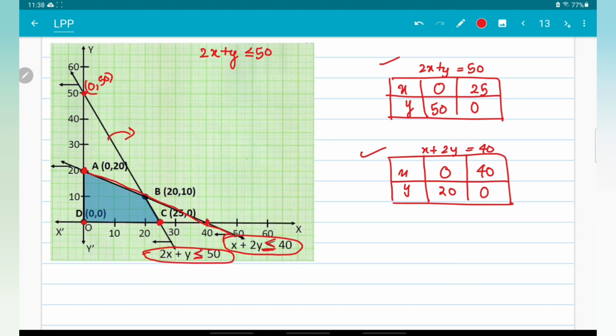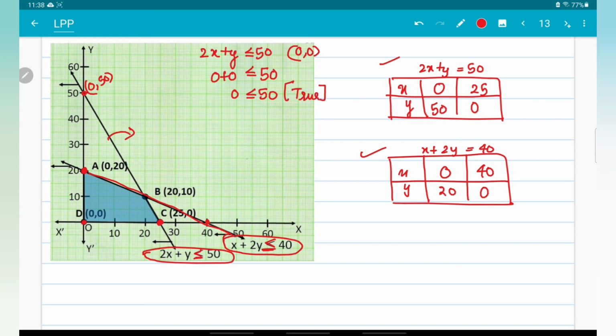I'm going to check its feasibility with the point 0, 0, which means I put x as 0 and y as 0. When I put x and y as 0, I get 0 plus 0 less than or equal to 50, which means 0 is less than or equal to 50. In this case, you can see 0 is less than 50, which means that this inequality is true.